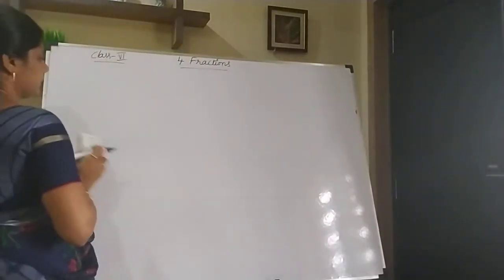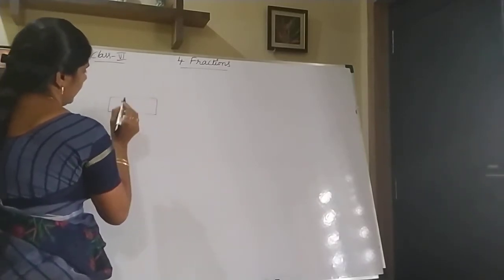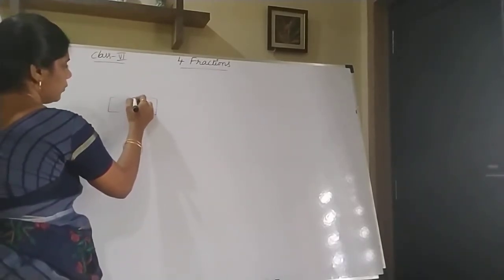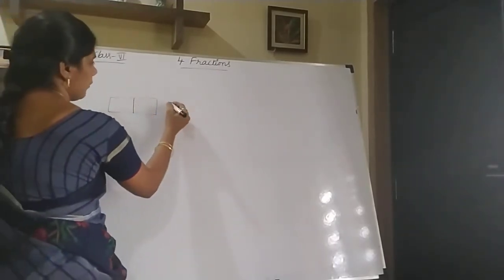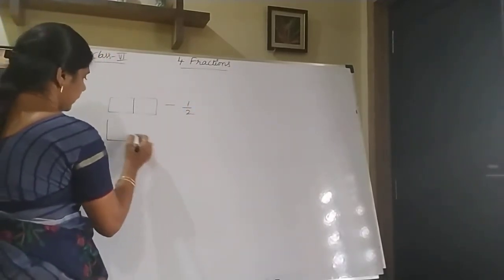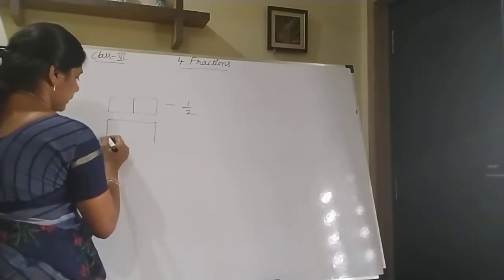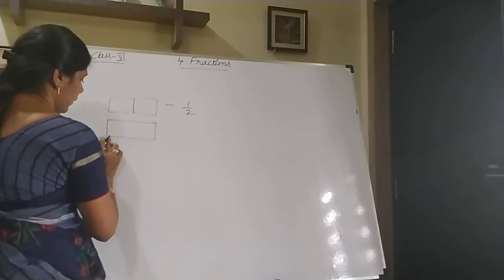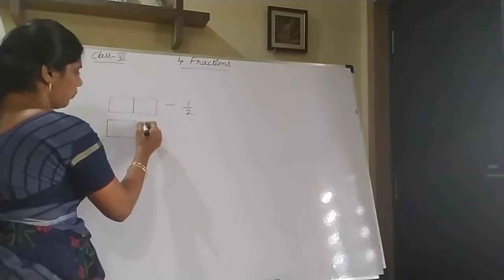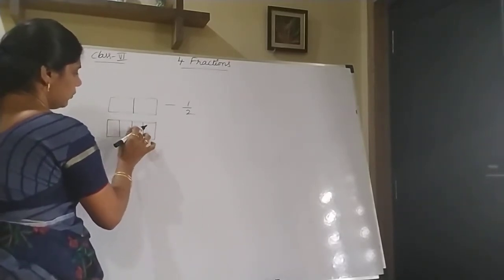Now, see this one. The same thing here. I am dividing this one into 2 parts. So how much will it become here? 1 by 2. And this is the same figure. Now I am dividing into 4 parts. 1, 2, 3, 4.